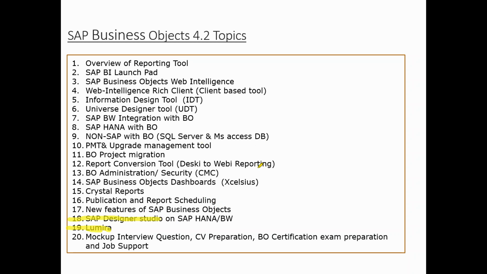When you go to an SAP project, QlikView and Tableau are not considered reporting tools. They will go for business objects only. In any SAP project, they consider business objects as the reporting tool. Either they will go for Lumira, or Design Studio, or the Web Intelligence report. But Tableau and QlikView they will not consider.